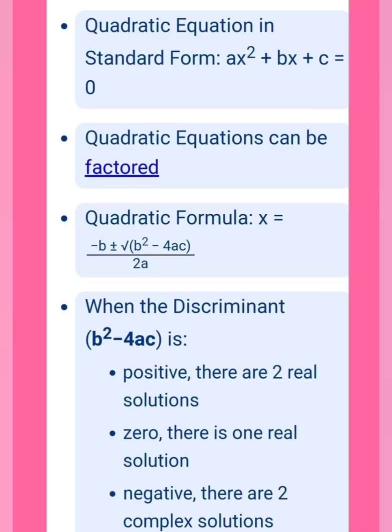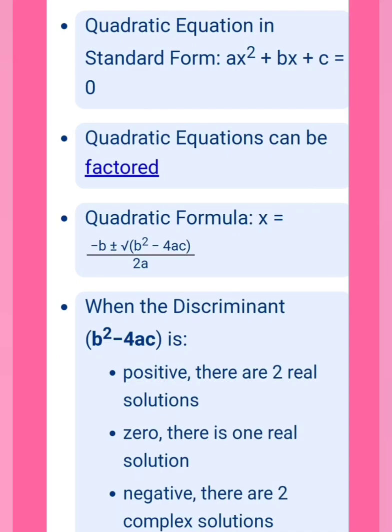So we can sum up the quadratic equation and its properties as follows. The quadratic equation in standard form is represented as ax square plus bx plus c is equal to 0.